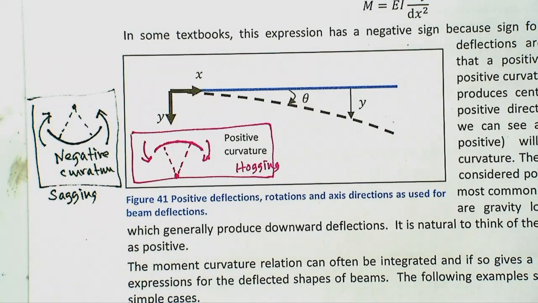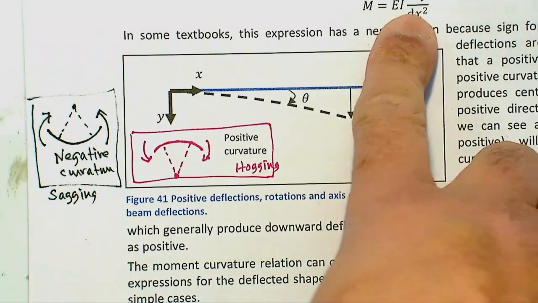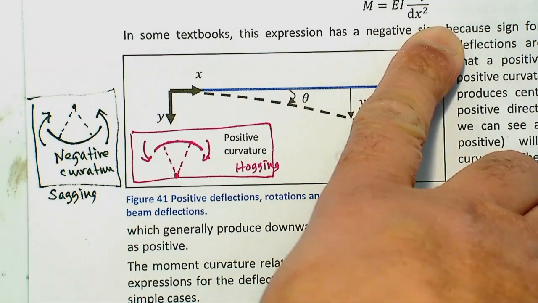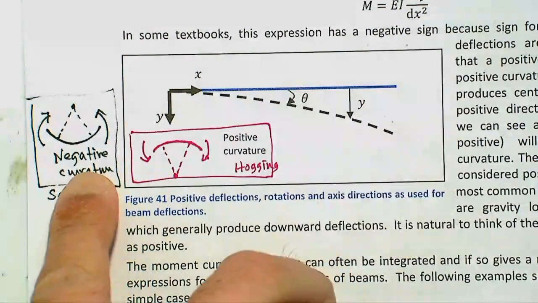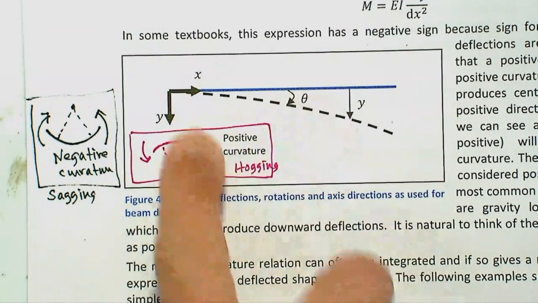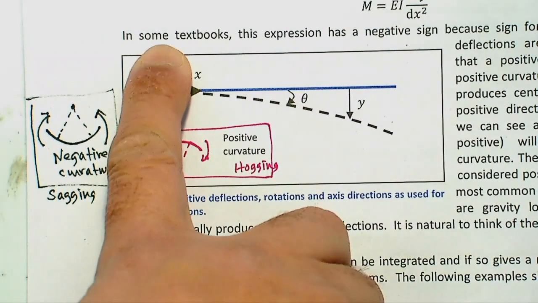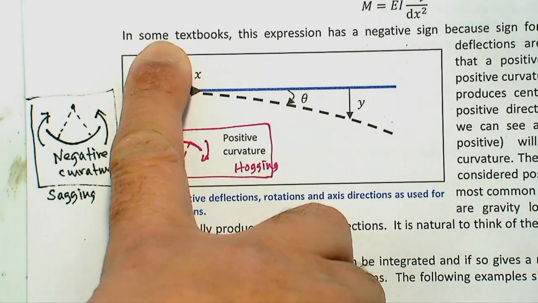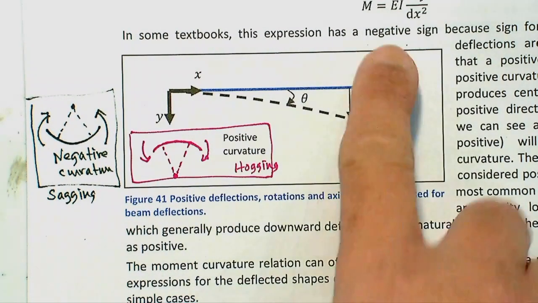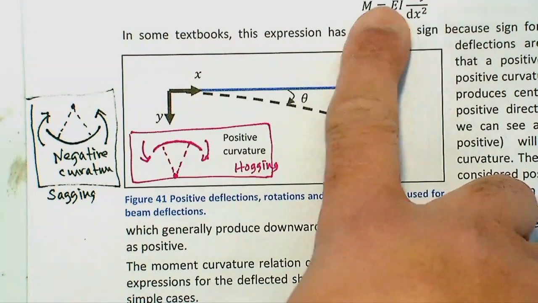Some books would have this with a negative sign. Some books would have M equal to minus EI d2y/dx2. Possibly they take sagging bending moment as positive, so they get a different sign. Some books would have y going upwards. If you pick up four books, you'll probably find any combination of those, and as a result, this could be plus or minus.